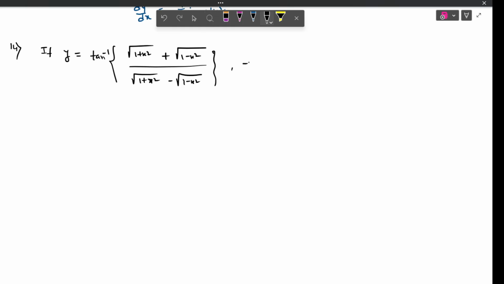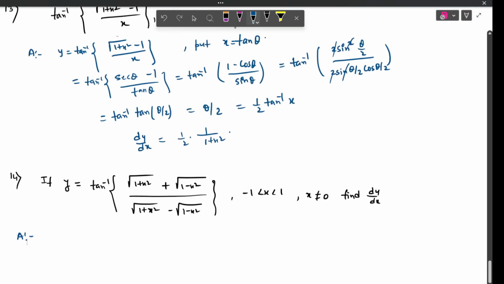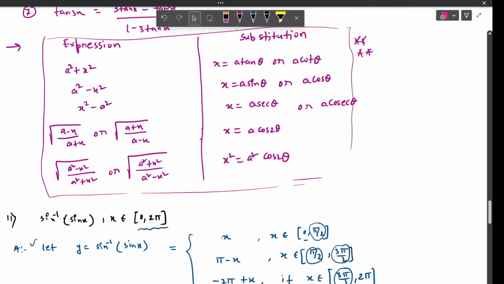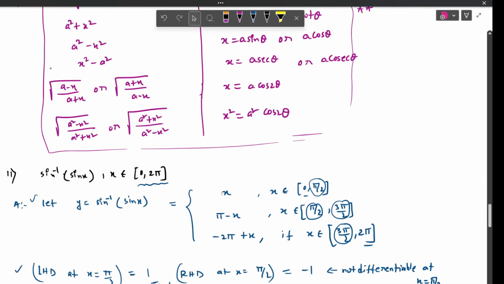Given that minus 1 less than x less than 1, x is not equal to 0, find dy by dx. Okay, you have to find it. So let's see. Here 1 plus x square, 1 minus x square. The question is given in this format.